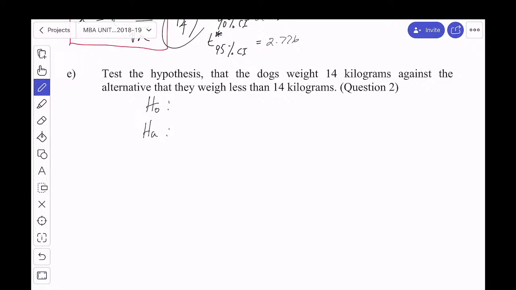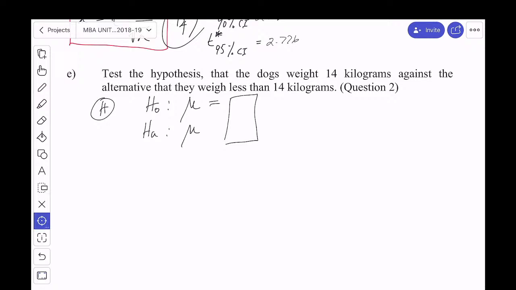Okay. All right, so we start with the hypothesis. And now that we're working with the mean, we use mu. But the same approach, we're going to use an equal sign, and whatever number I put in the null, I also put in the alternative. So this is pretty straightforward.